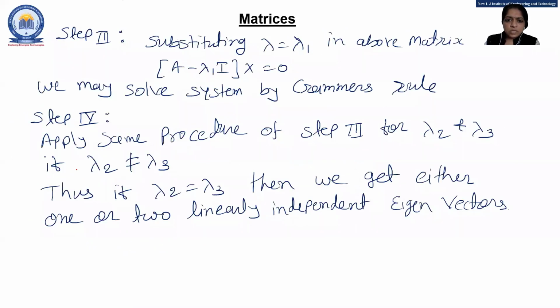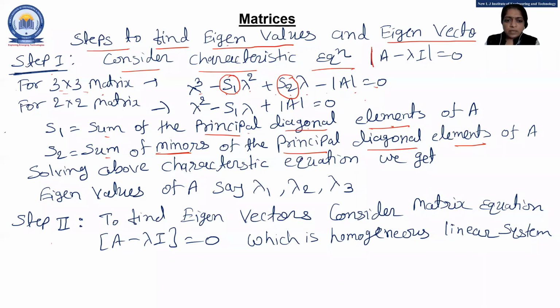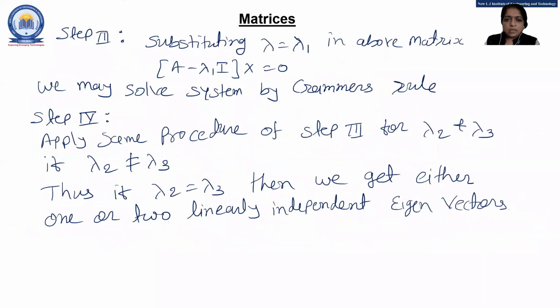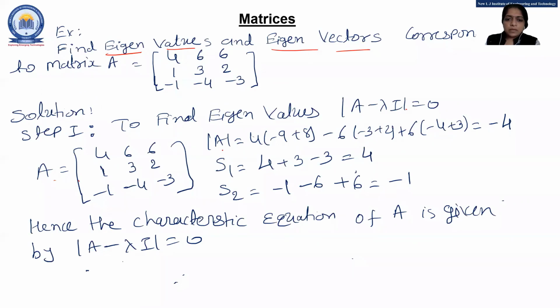For the characteristic equation, as you know, we want to find S1, S2 and determinant A. So this is determinant of A: 4 times (minus 9 plus 8), for the second term minus 6 times (minus 3 plus 2), and for this 6 times (minus 4 plus 3). After simplification, we get minus 4.